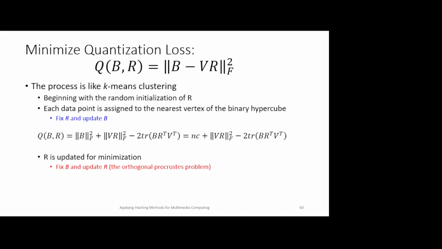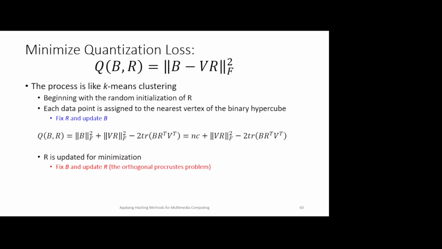Okay, so here the norm of B squared is fixed, because the number of data points and the number of dimensions are always fixed. And the norm of VR, we don't care, because we fix R, so we cannot update R here. So we just skip it.